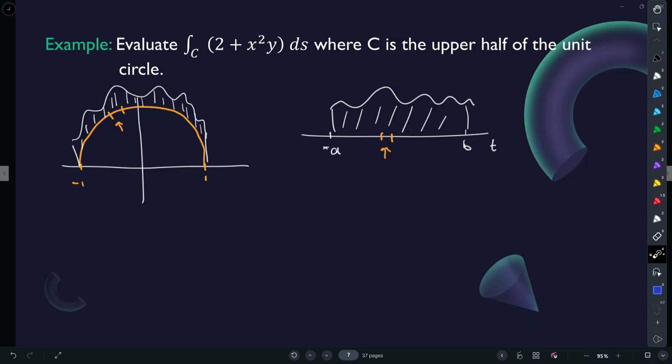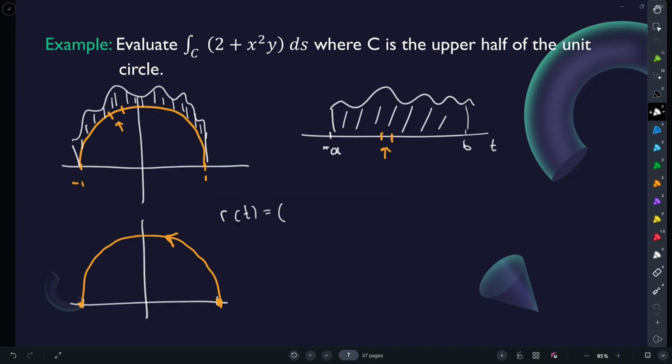So first of all, what I need to do is parameterize the top half of the unit circle. Okay, so from here to here, I'm actually going to go like this. And we know how to parameterize a circle. What's a parameterization of the circle? Cosine t, sine t. That would parameterize exactly how I wrote it, starting from time 0.